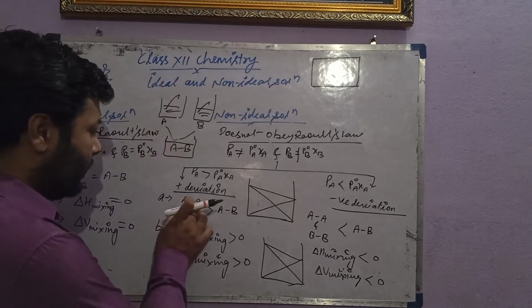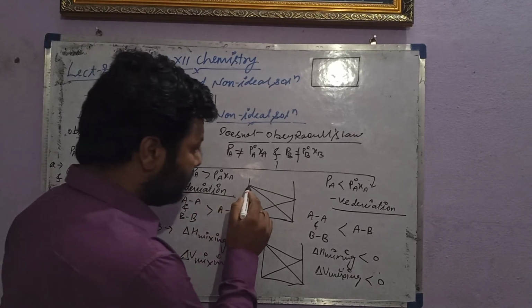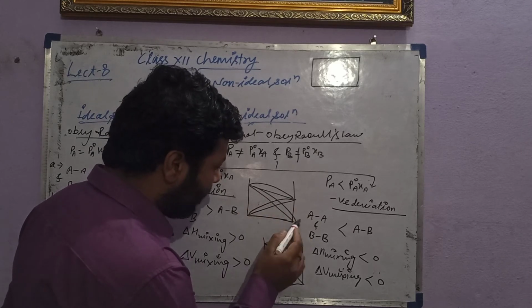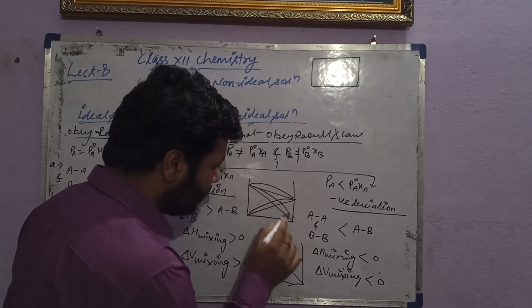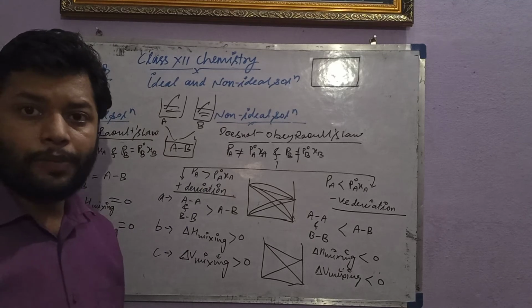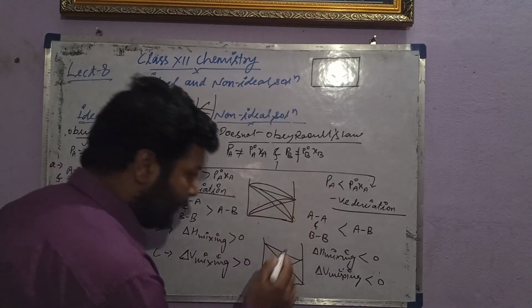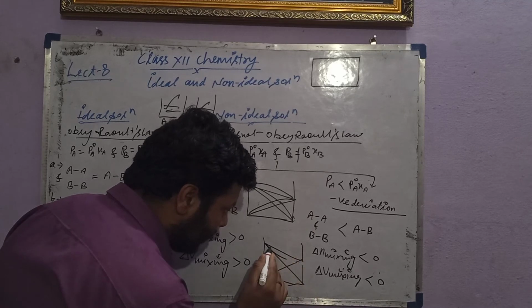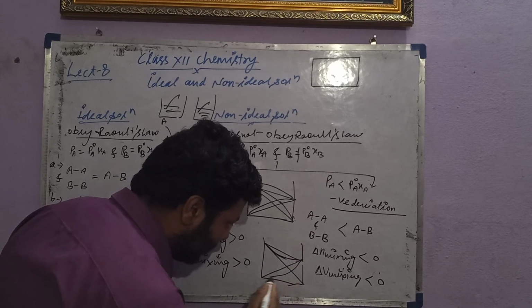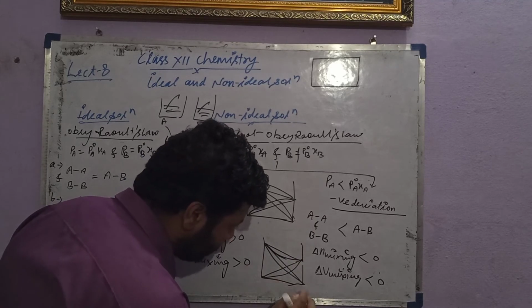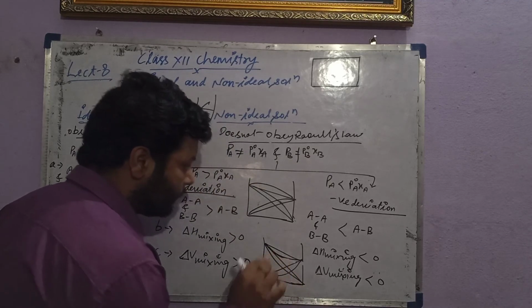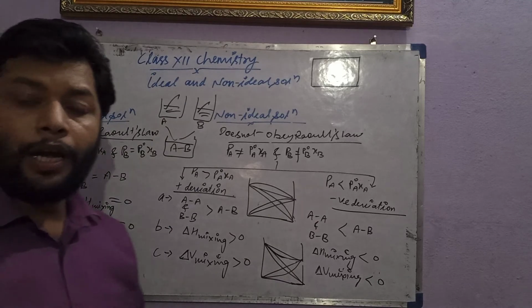If we draw the graph of the positive deviation, the curve will be positively curved, and in the case of negative deviation, the graph will be curved downward.